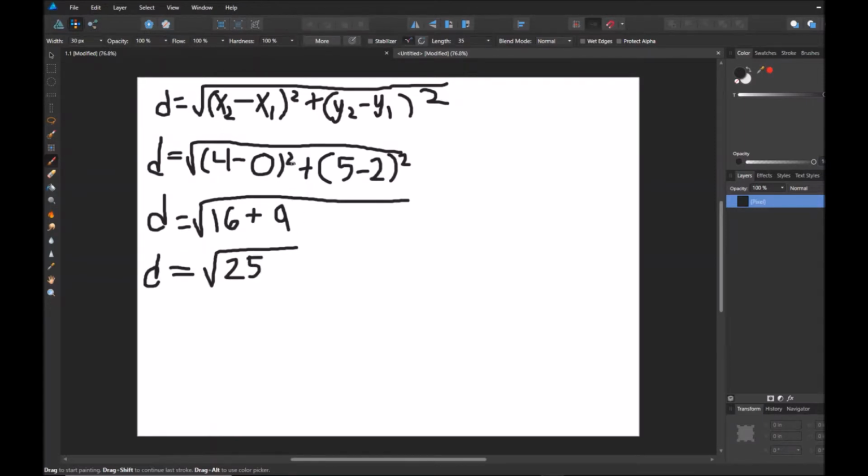And by the way, just like how you don't want to cancel out the raising to the second power here, you don't want to take the square root of 16 and the square root of 9 and add them together, because if you do that, you would get 4 plus 3, which would lead you to the wrong answer, so don't do that. You want to evaluate what's under the root and then take the square root of that. So the square root of 25 is 5.